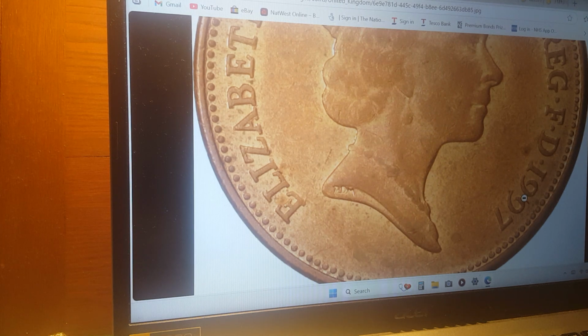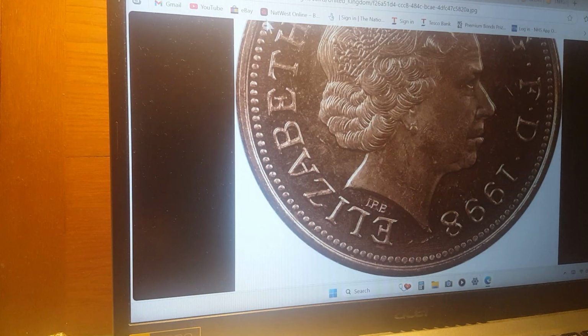There's 1977, and that really is a funny coin. That is a really funny 9. I just don't understand it. I really don't understand it. 1998. What was that? Was that 97?